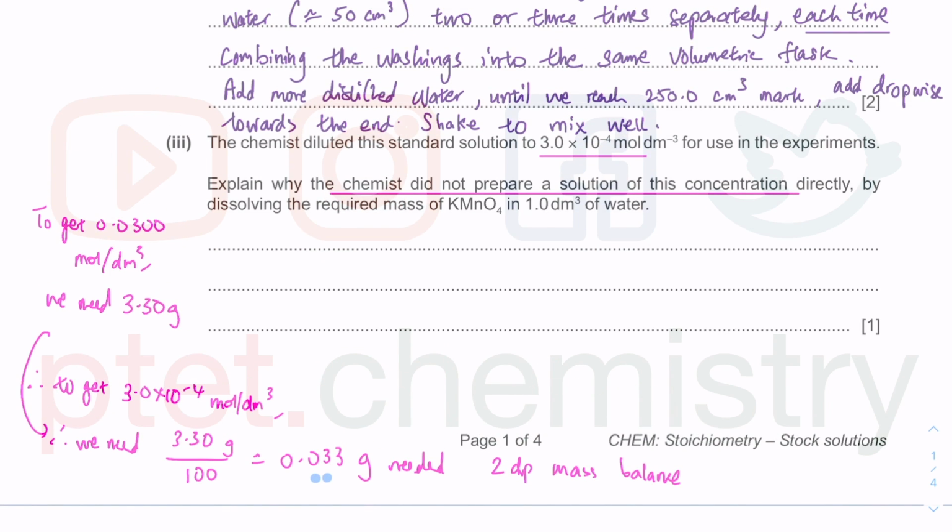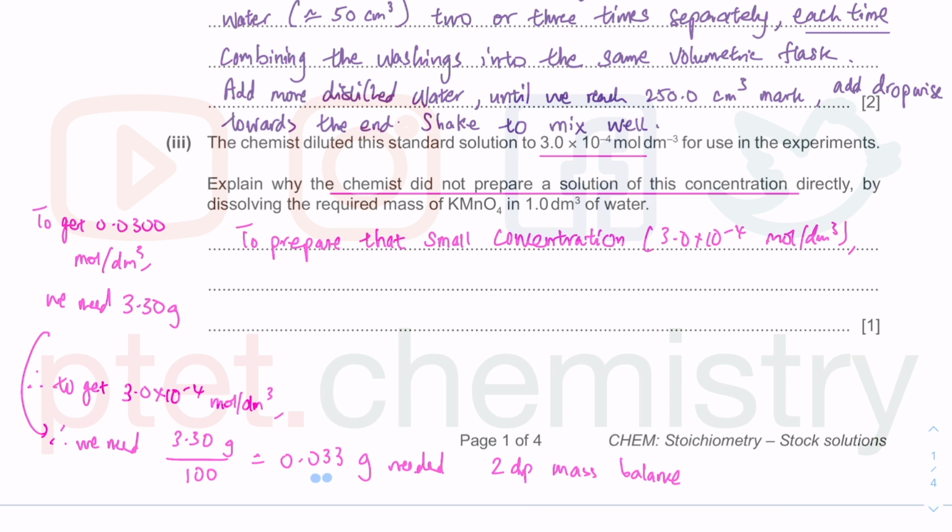So if we prepare that small concentration, meaning the times 10 to the minus 4, that small concentration, I should probably clarify, 3.0 times 10 to the minus 4 mole per dm3.